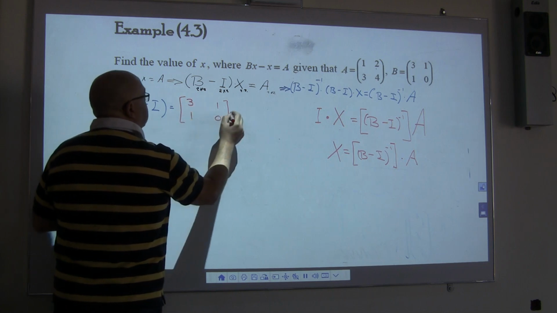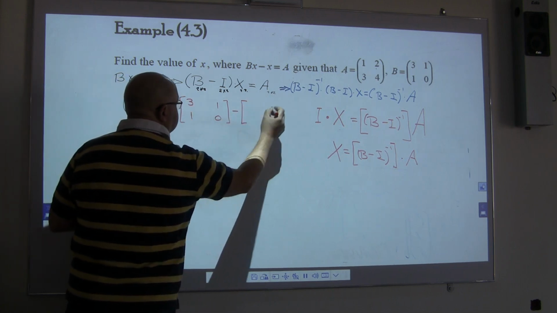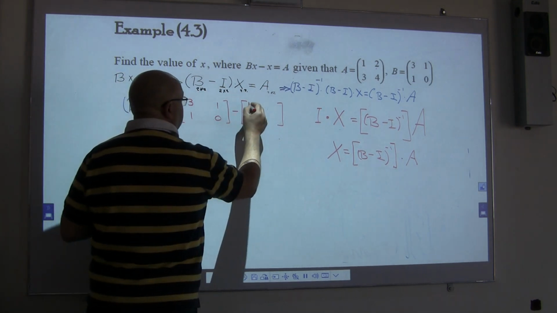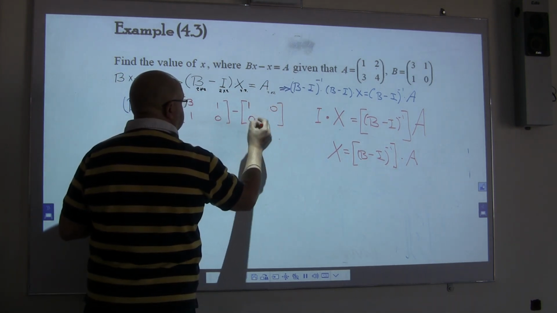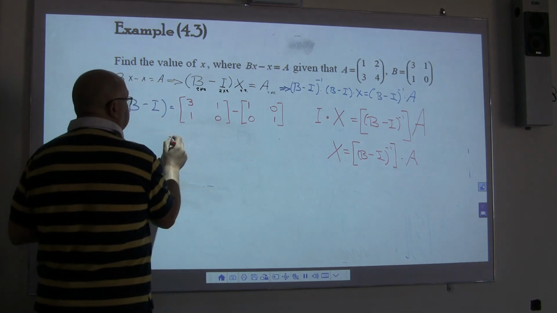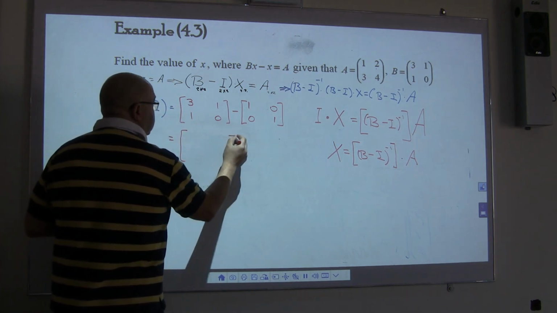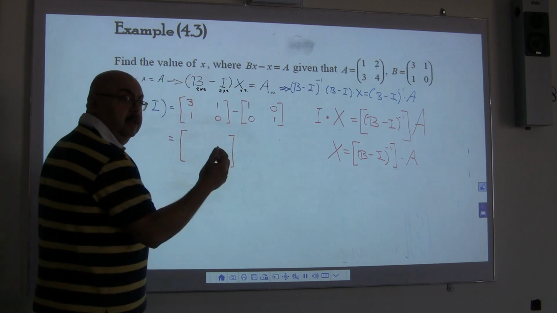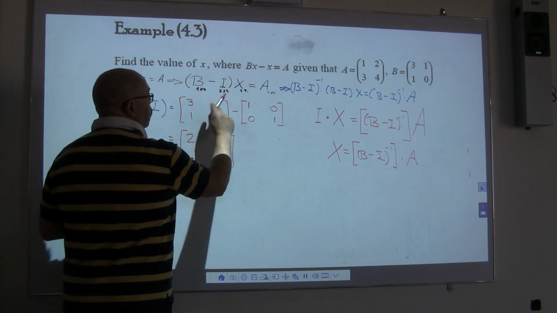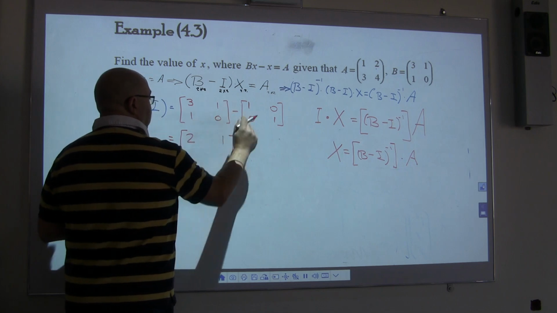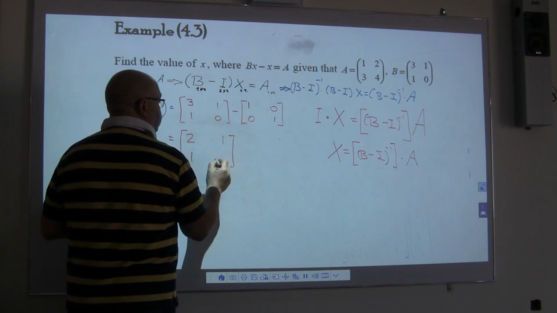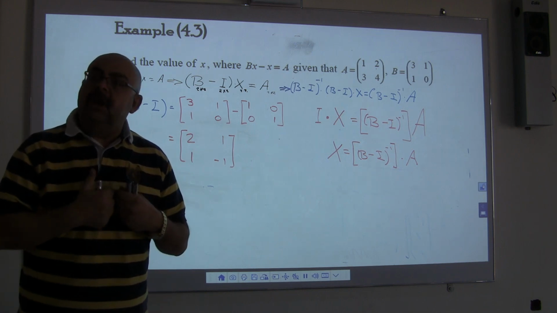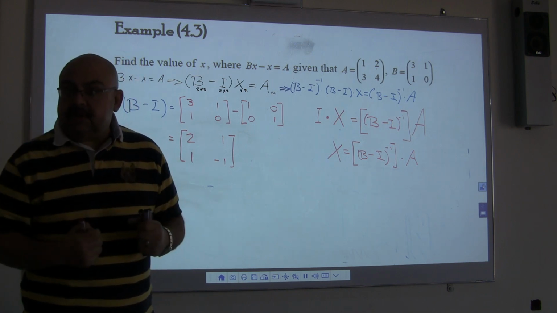Then minus the matrix I, which is going to be 1, 0, 0, and 1. Then the result will be 3 minus 1, which is 2. Okay? 1 minus 0 is 1. 1 minus 0 is 1. 0 minus 1 is negative 1. This is the matrix that I will have to get its inverse.